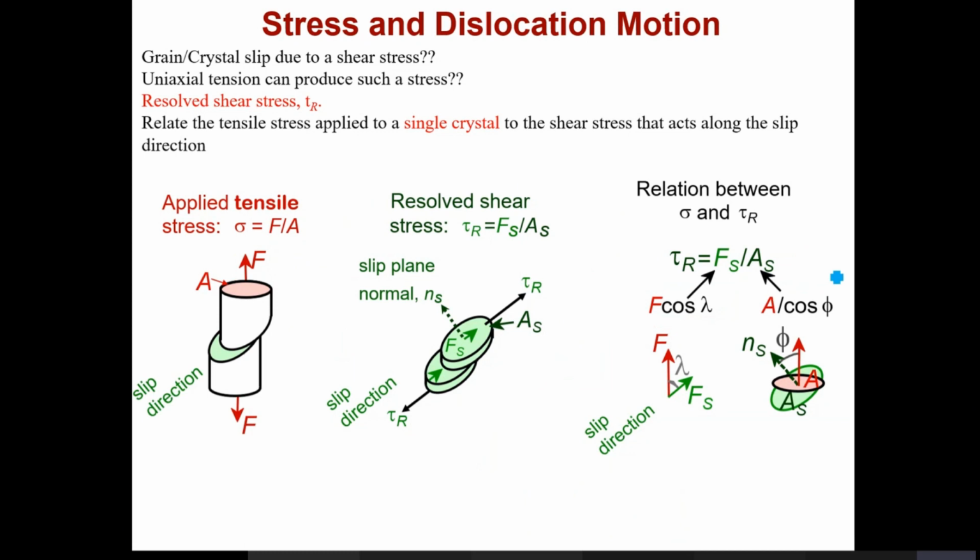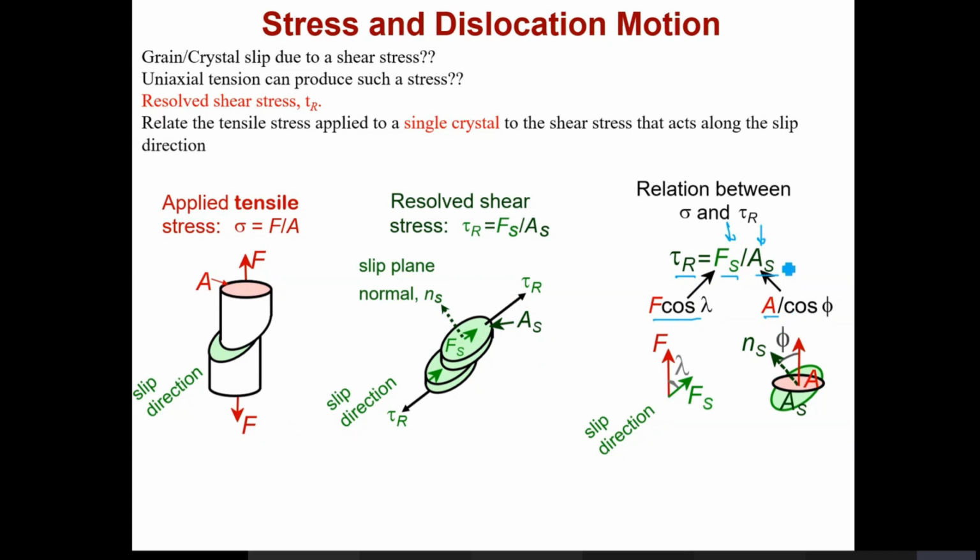Now, if I know that the shear stress or resolved stress is Fs over As, Fs is the shear force along the slip direction and As is the shear area, or the area of the plane on which this force is being applied. Fs is F cos of lambda.